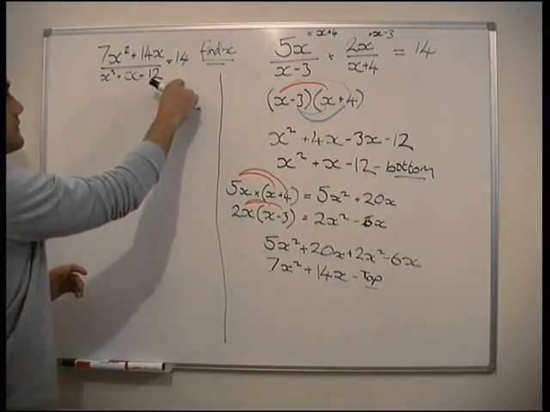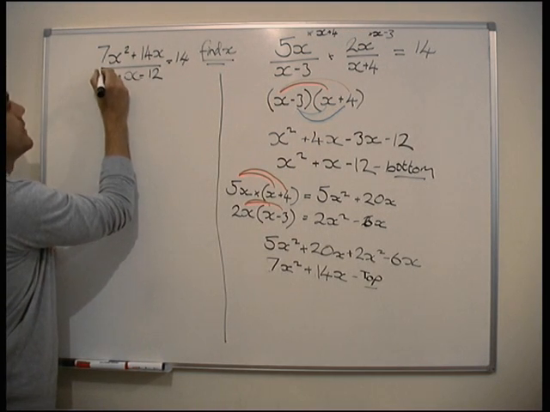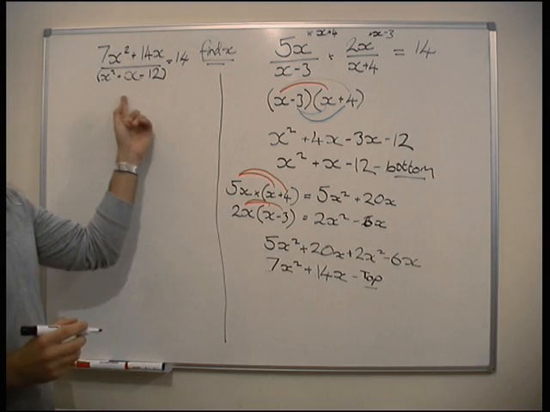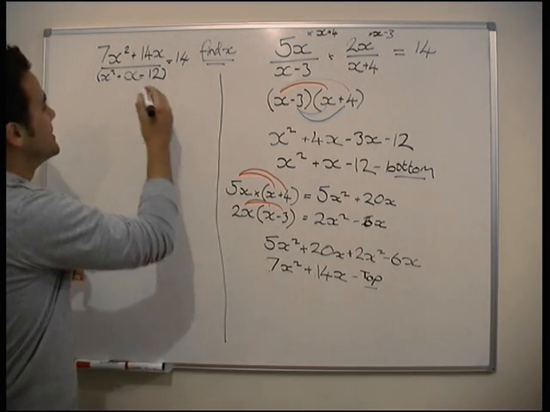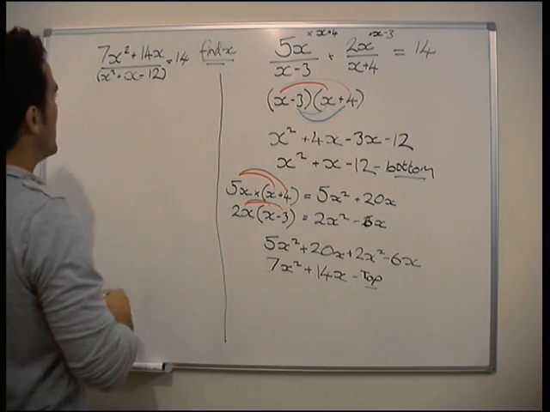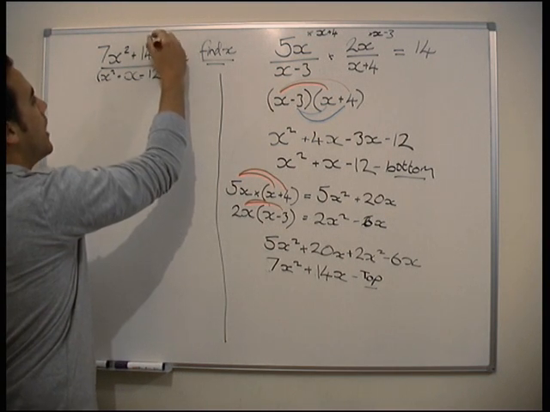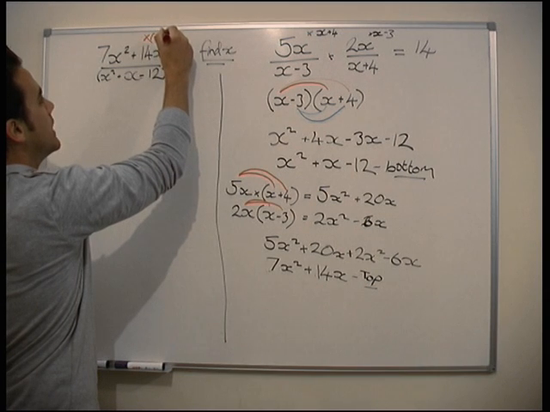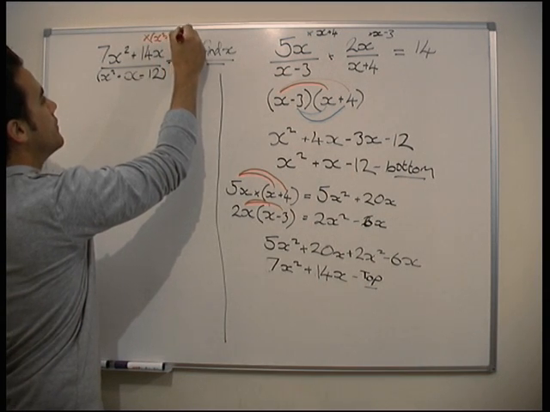So now we've got this, remember, this bottom thing we can assume is in brackets. So we need to get rid of this on the bottom. We need to times both sides by x squared plus x minus 12.